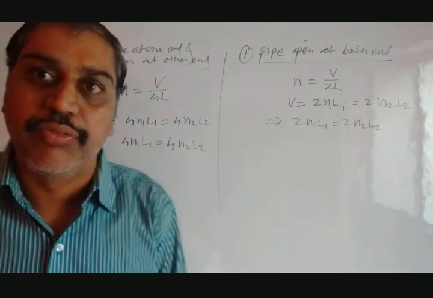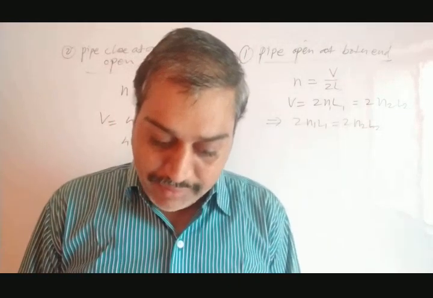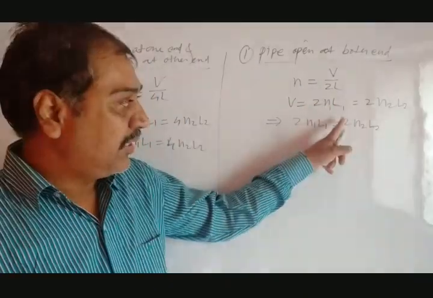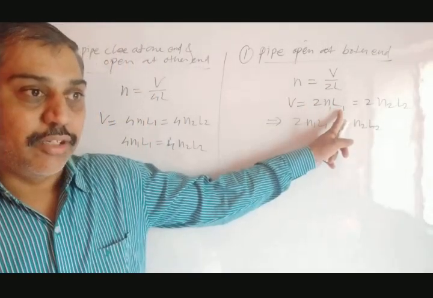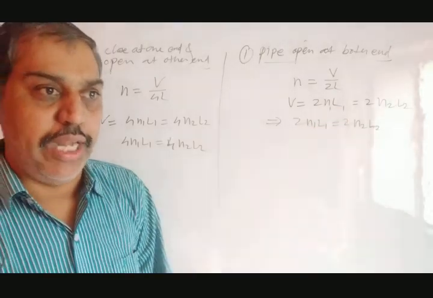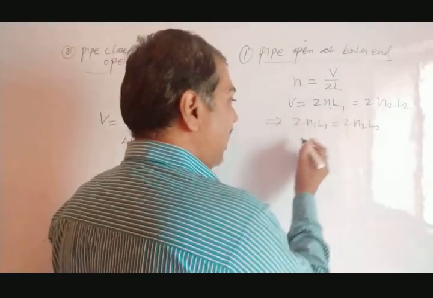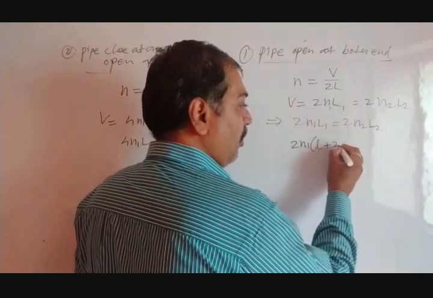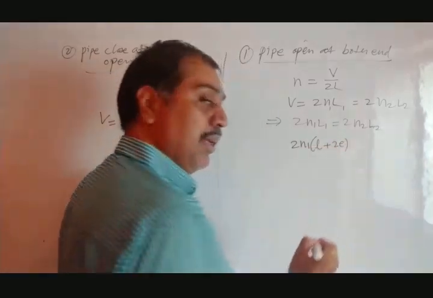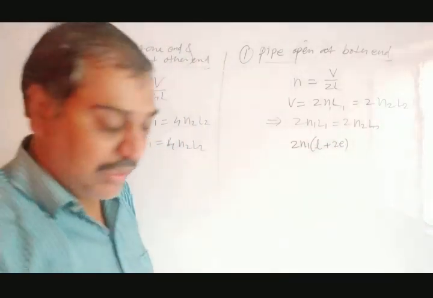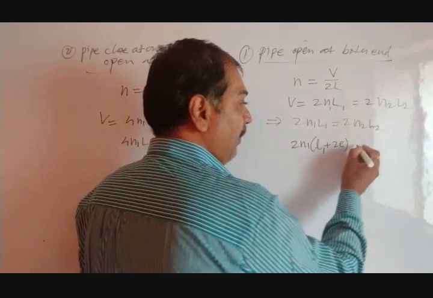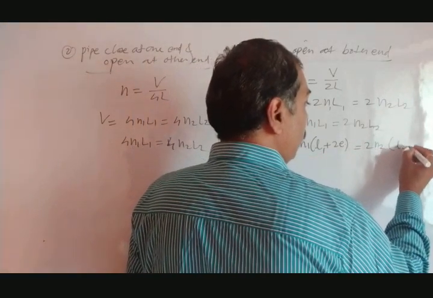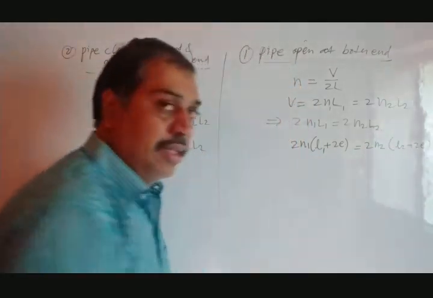So we have written a simple equation here. Apart from this, we can put the value of L1, which means the total length. As there are two corrections because the pipe is open at both ends, you should write L1 as twice N1 in the bracket L plus twice E, and L1 equal to twice N2 in the bracket L2 plus twice E. Is that clear?